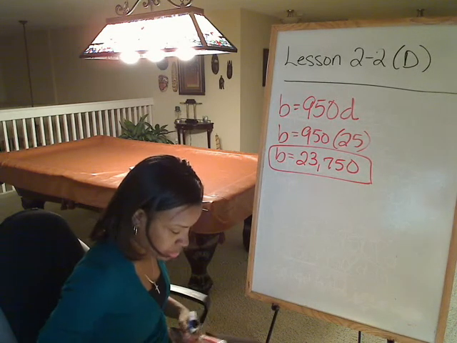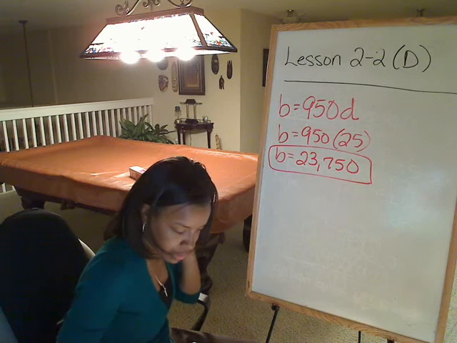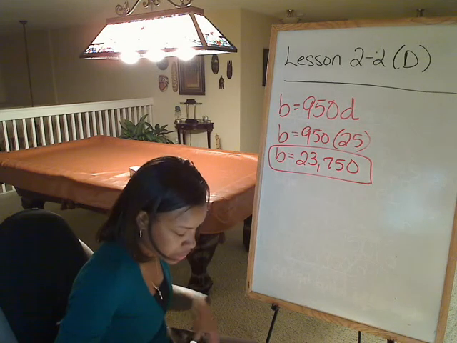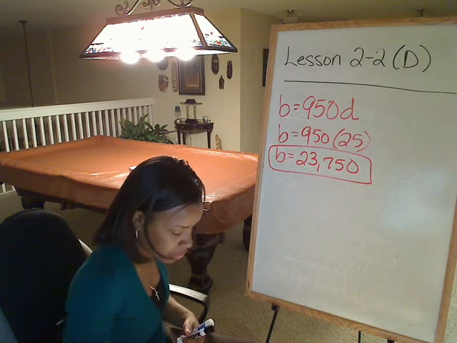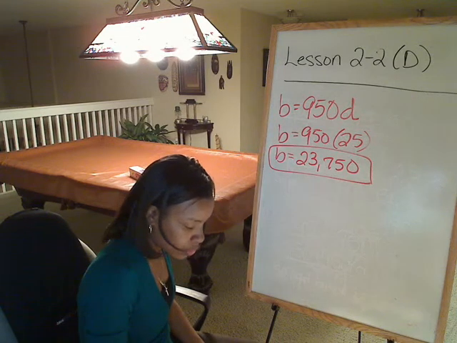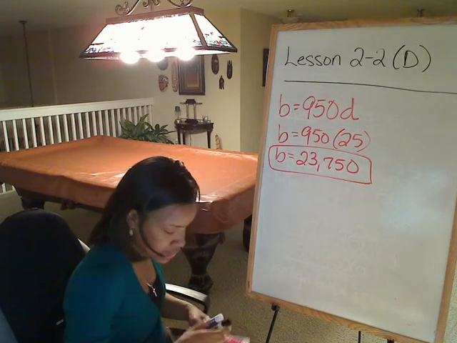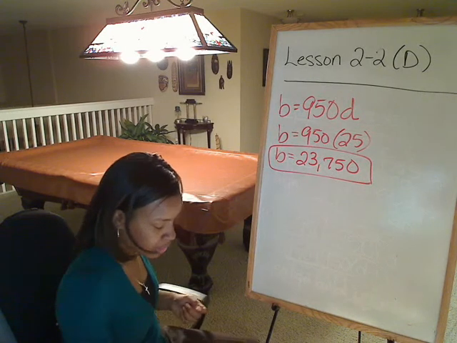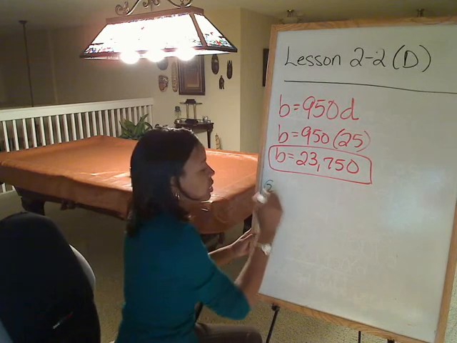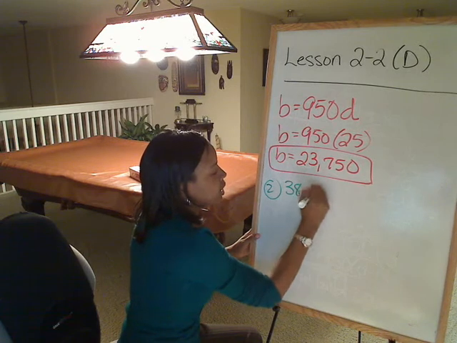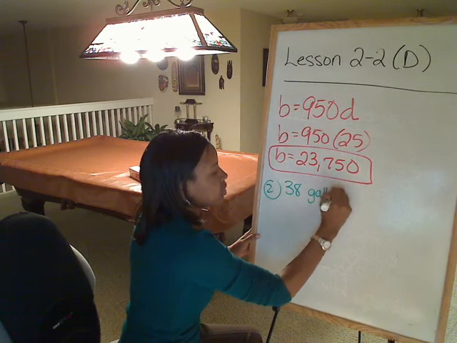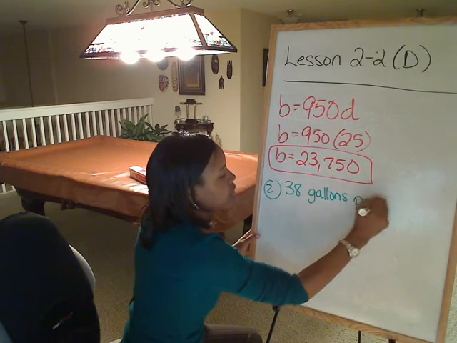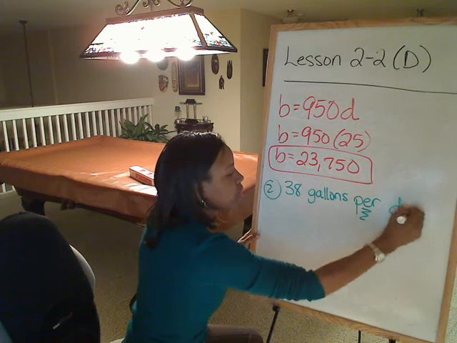Okay, let's do number 2. Number 2 says the workers at a plant drink 38 gallons of water per day. Write an equation to find the number of gallons G the workers drink in any number of days D. So I'm going to do the same thing. I see that word there, per, because they said 38 gallons per day.